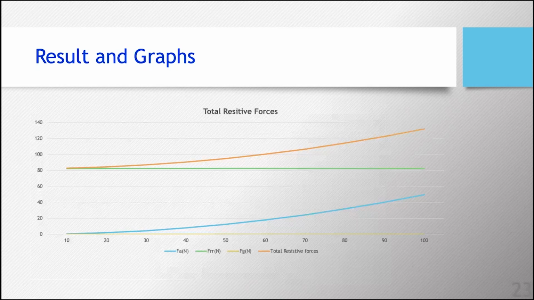And these are the graphs that I got by plotting the resistive forces which we have seen in the calculations part. The vehicle speed is denoted on the x-axis, and the force is denoted on the y-axis, represented in newtons. Here we can see a gradual increase due to the aerodynamic drag, which is directly proportional to the square of velocity.